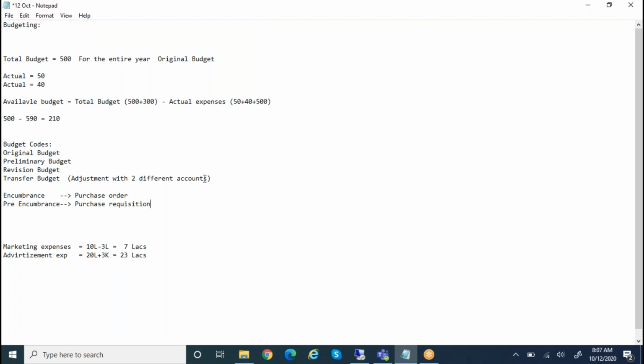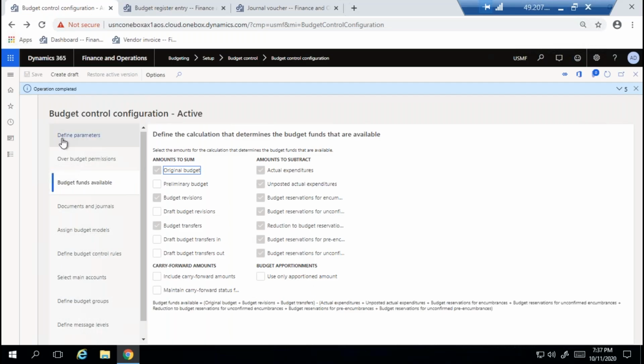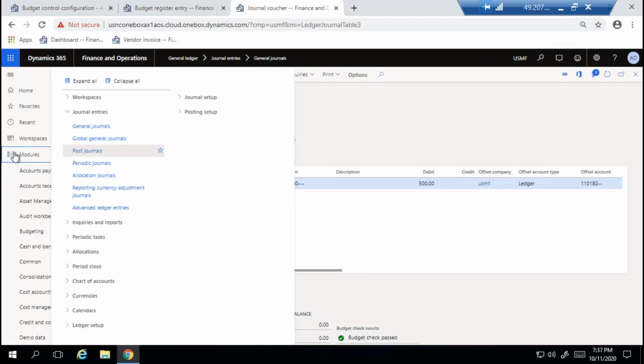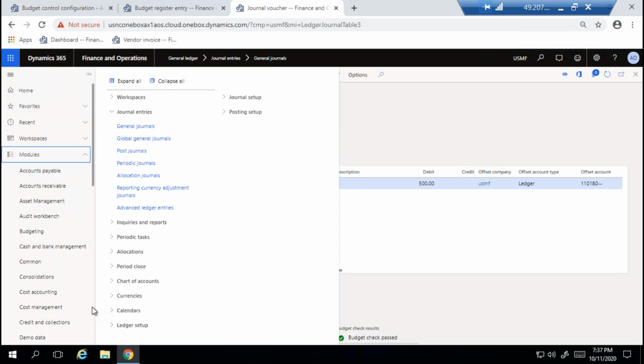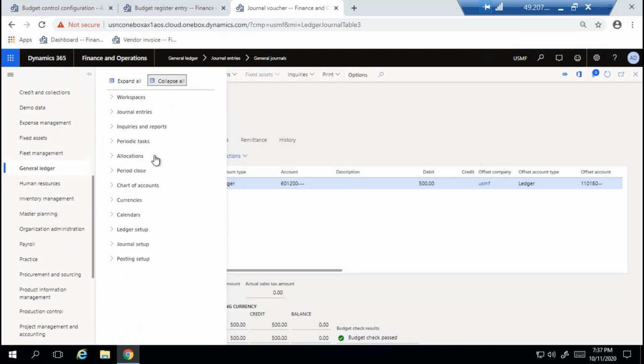So for the public sector, they will use this function. For that, in the system, we have one more functionality called general ledger, general ledger parameters.